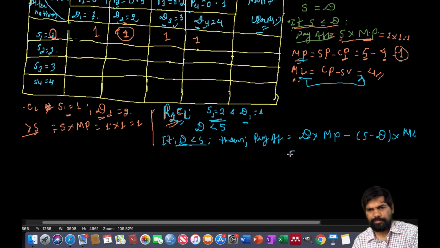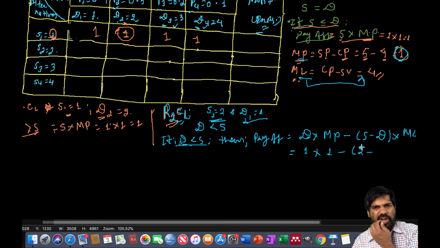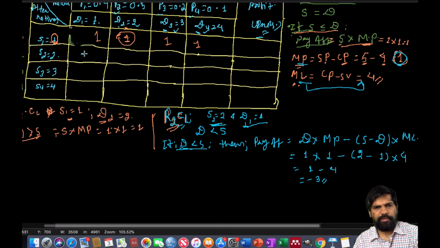So demand is 1, marginal profit is also 1, minus, and the value of supply is 2, minus demand, which is 1, and marginal loss is 4 rupees. Now use your calculator. So the payoff value is minus 3.